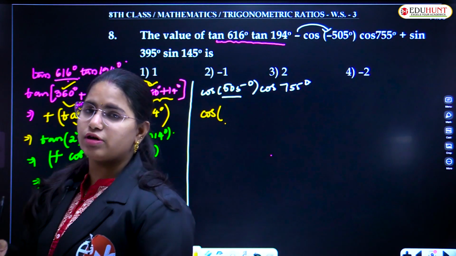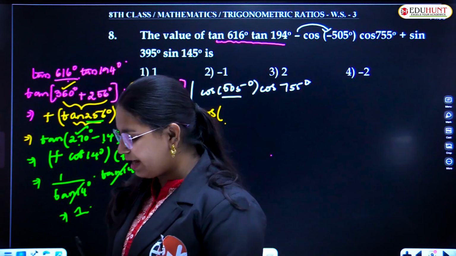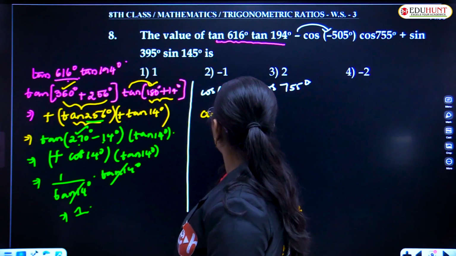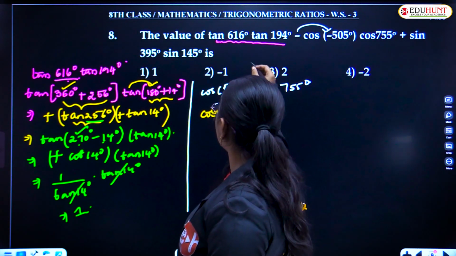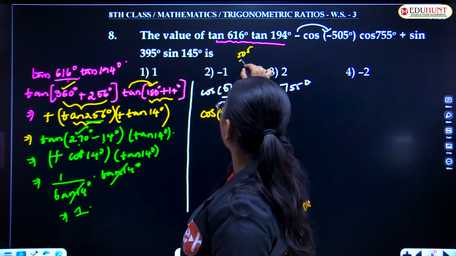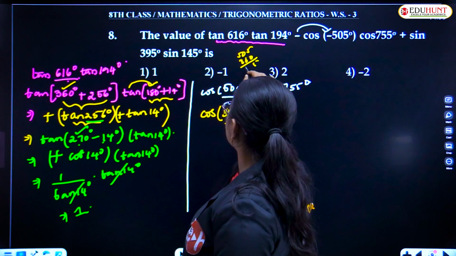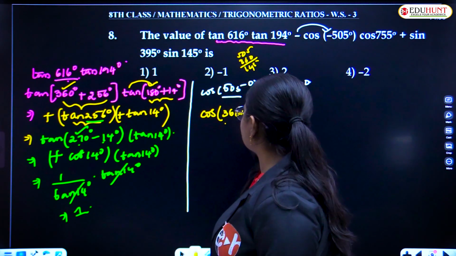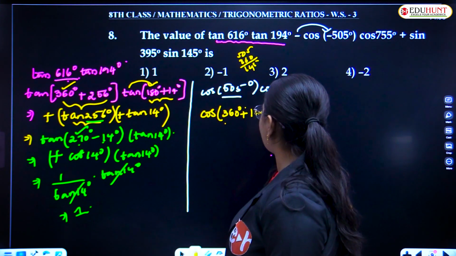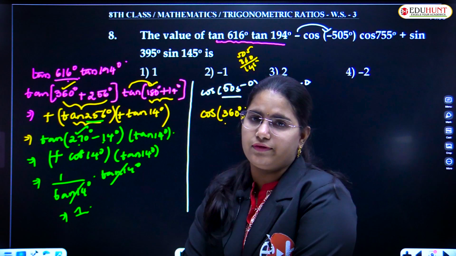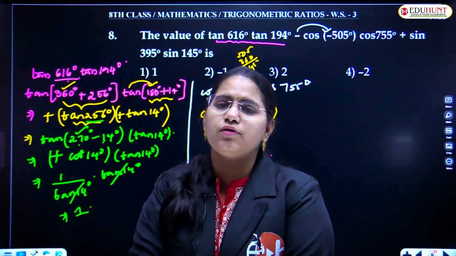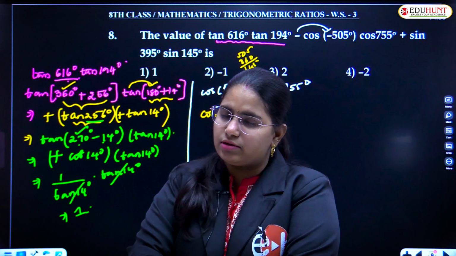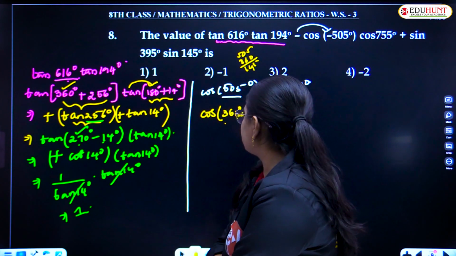For 360, how much do you need to add? 505 minus 360 is 145. So 360 plus 145 gives 505, correct?